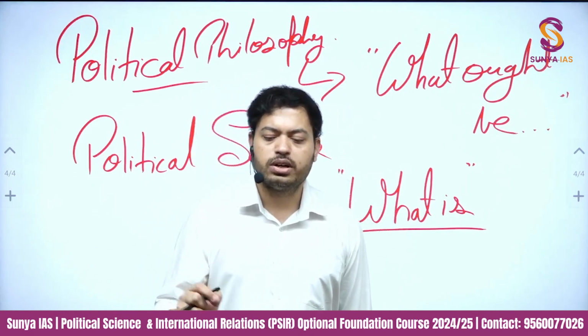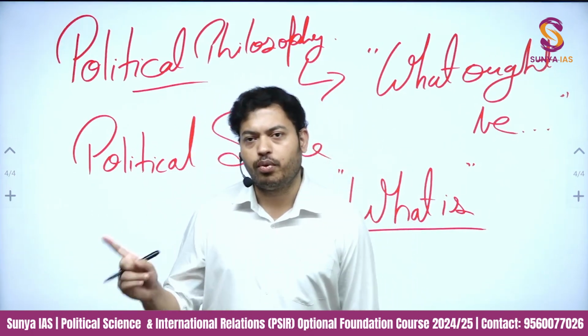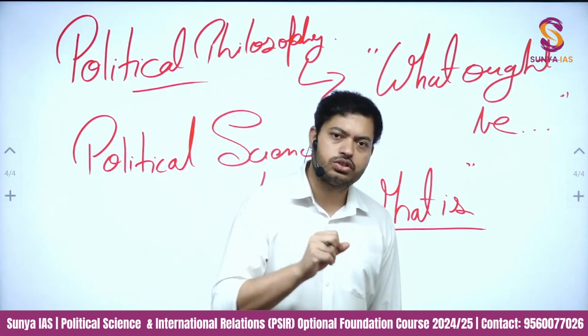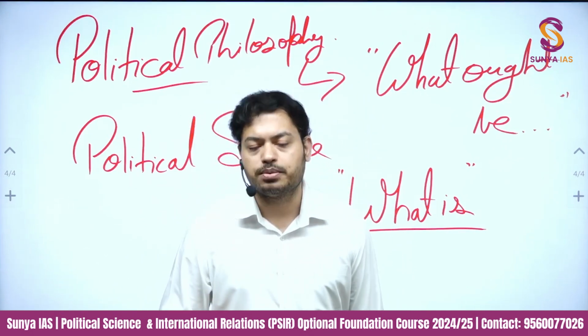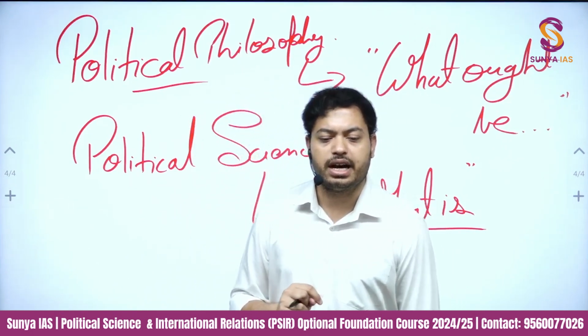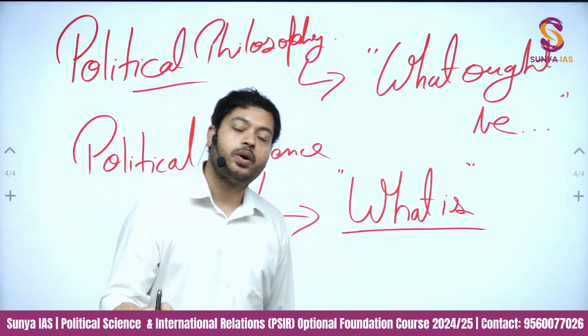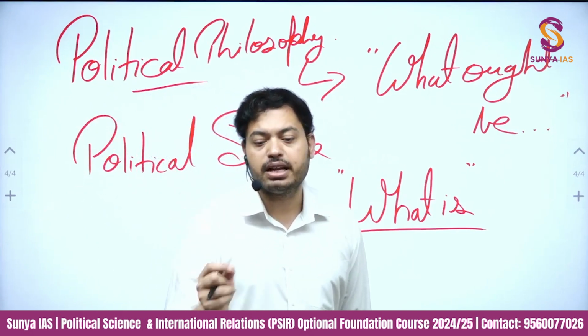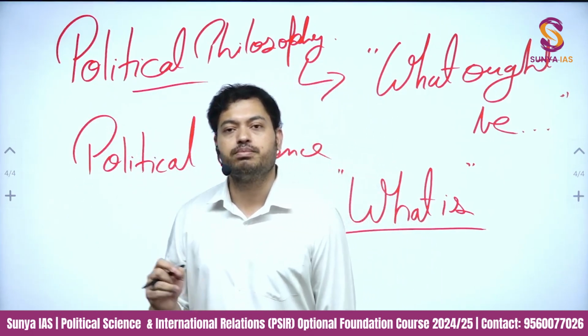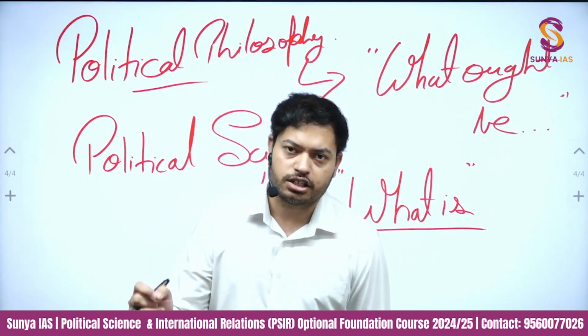So you need to understand the focus of political philosophy. First of all, the focus of political philosophy is the conceptual analysis of political ideas and political principles. The focus of political science is the empirical study of political systems, behavior, and their respective outcomes.